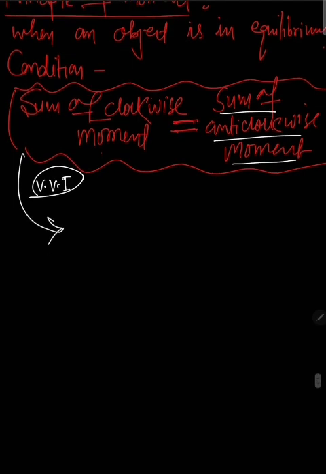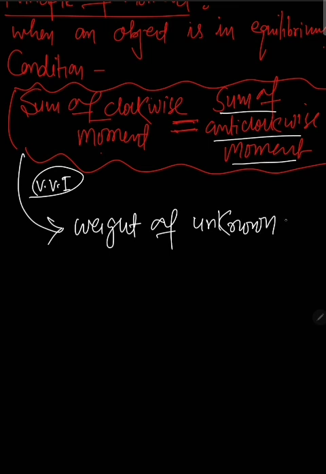Okay, because they will ask lots of questions from this principle of moment. This principle of moment is used to find the weight of an unknown object. Okay, I will tell you through numericals how we are going to find the weight of an unknown object.